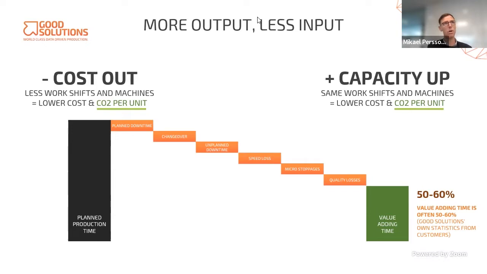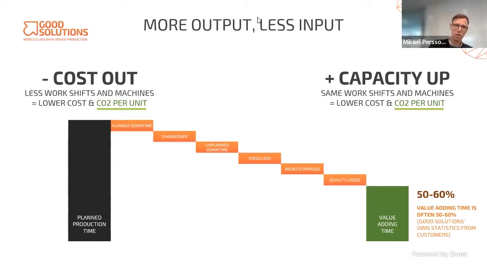And when we follow up with our about 200 customers, we see that in average, and this is just an average, they are using their planned production time to some 50-60%. The rest of that, 40 to 50% on average, is losses.